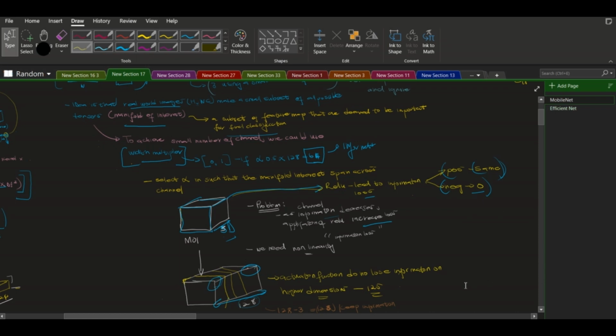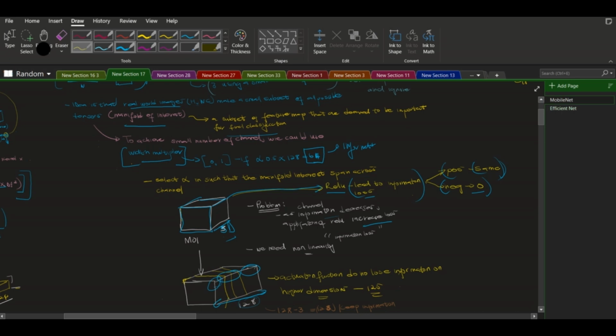So that's one way we can interpret this. But the point I'm trying to raise is that we still need a way to get the most important information, but we don't want to apply a ReLU, because our loss is going to increase hugely since we have lost information.